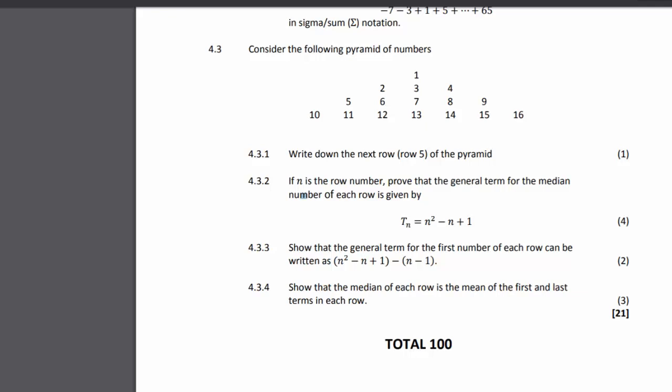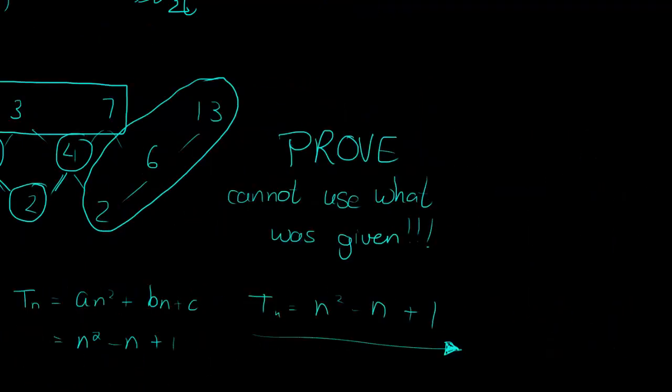So you could have done what we did here, found the general term.